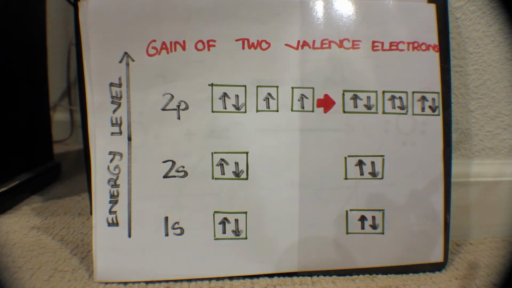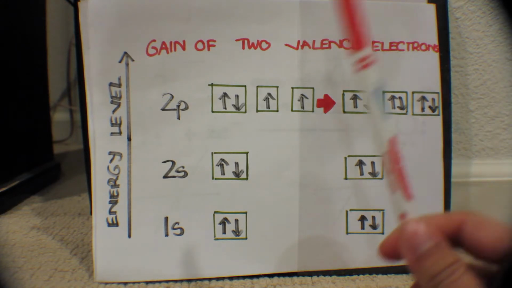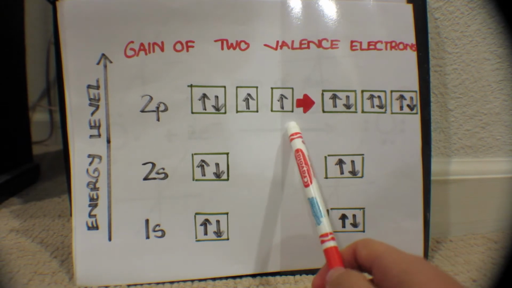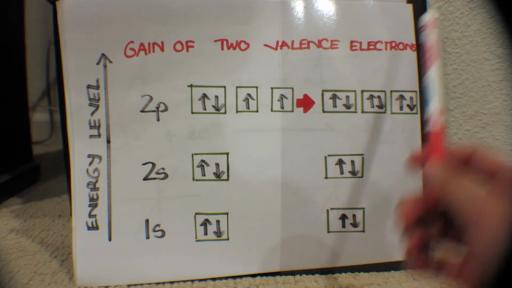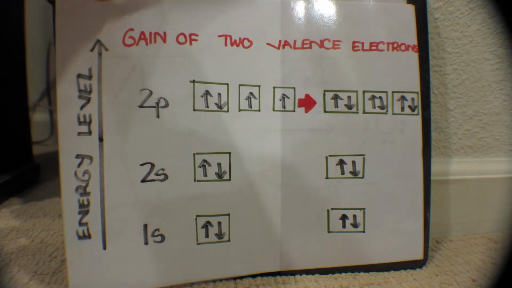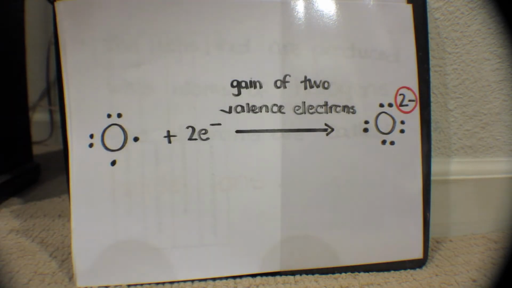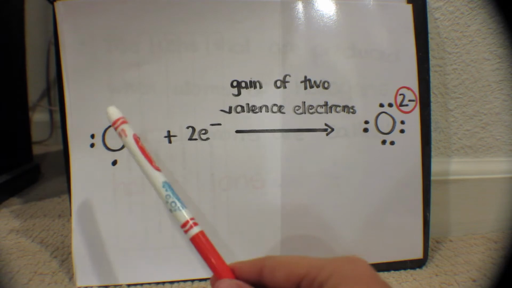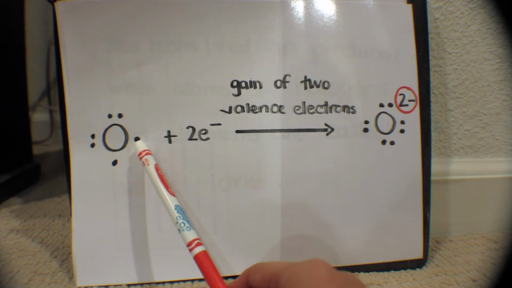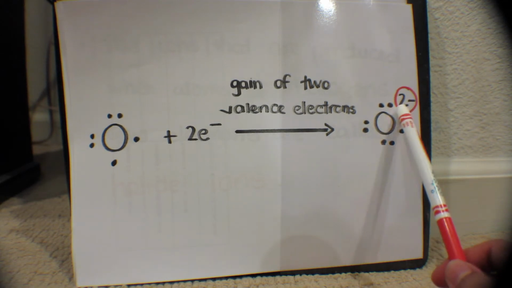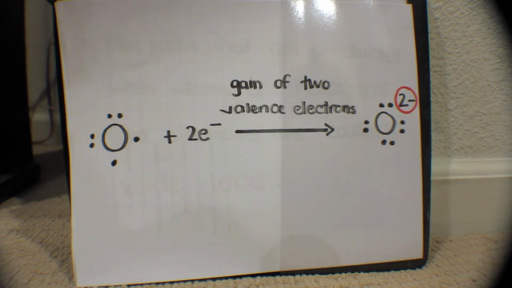As you can see on the energy level diagram, the electrons in the 2p4 energy level gain 2 more valence electrons to become full. We can simplify the process with this equation: oxygen with 6 valence electrons gains 2 more valence electrons to form a complete octet of 8 electrons.